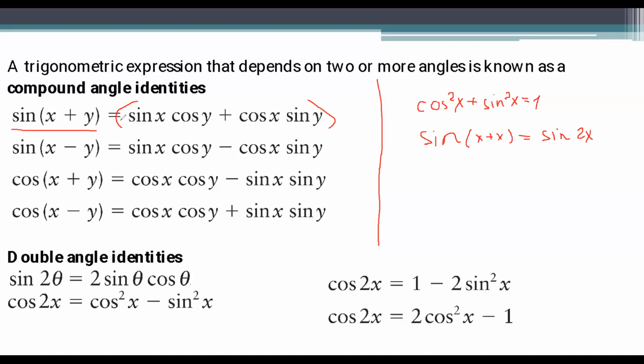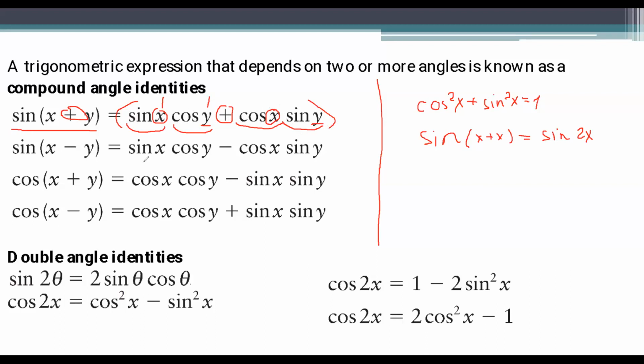So sine of x plus y equals sine x cosine y plus cosine x sine y. Remember this: first sine comes with x, then cosine with y, plus, then cosine comes with x, then sine comes with y.